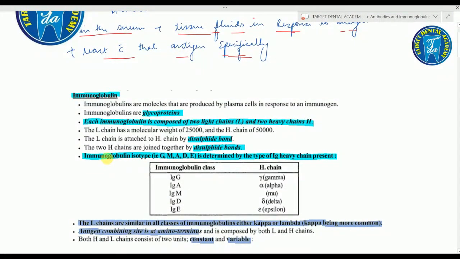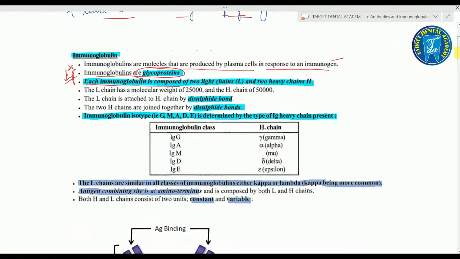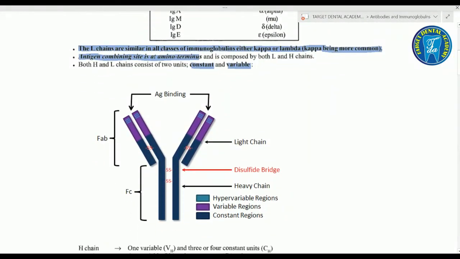So what are immunoglobulins? They are molecules produced by plasma cells in response to an immunogen. Immunoglobulins are glycoproteins. Each immunoglobulin is composed of 2 light chains and 2 heavy chains. These are the 2 light chains and these are the heavy chains.